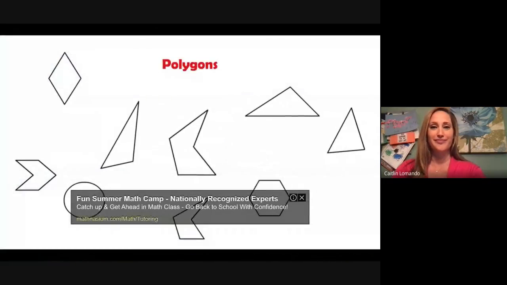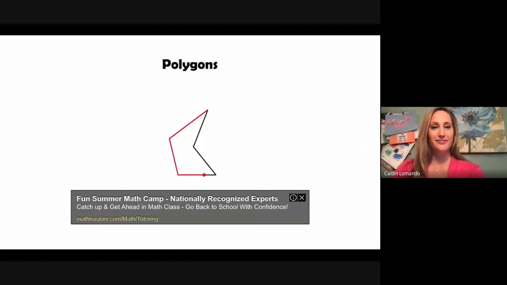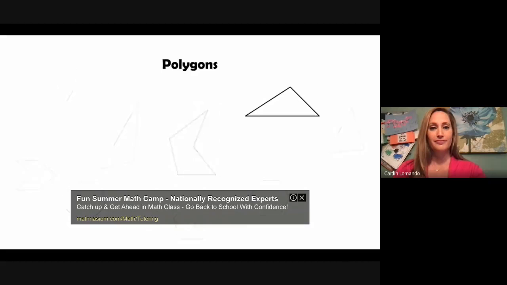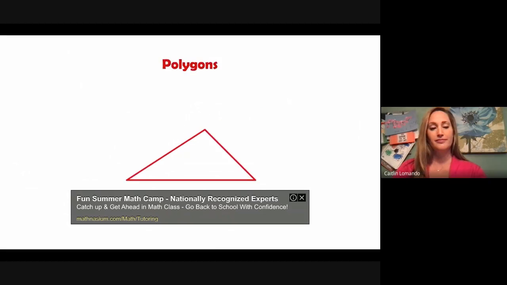Remember that a polygon is a closed two-dimensional shape and made up of line segments only. Triangles are polygons with 3 sides and 3 angles.